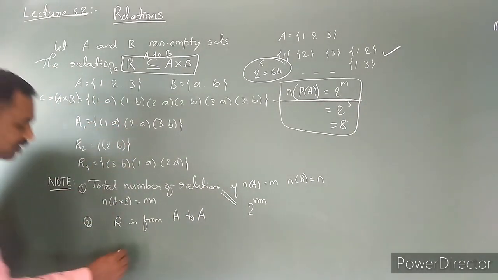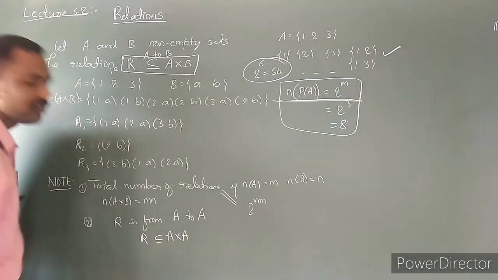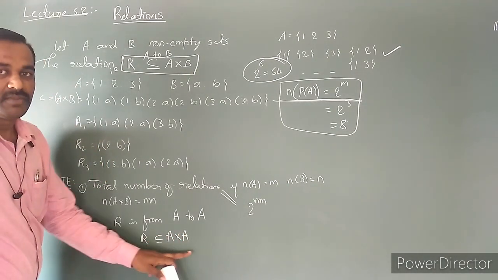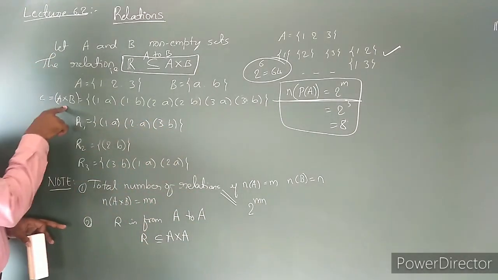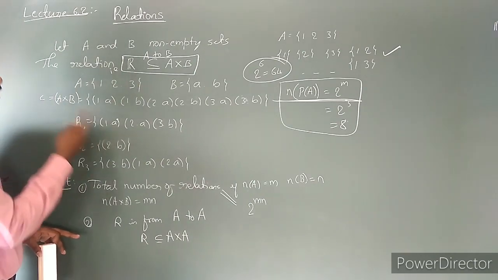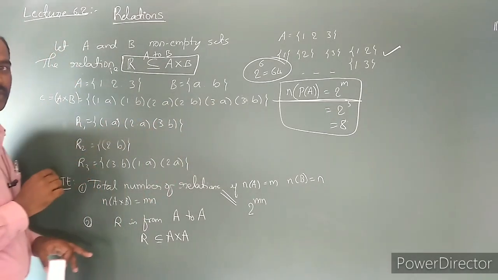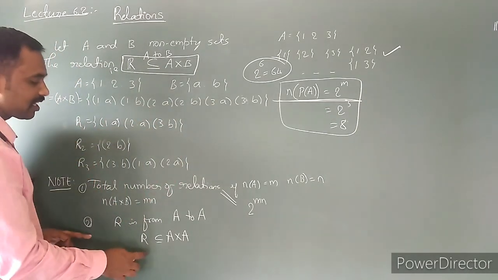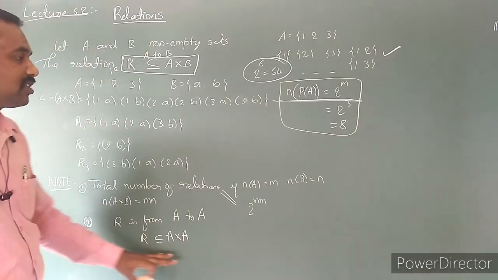In that case, relation R is a subset of the Cartesian product A cross A. Even when a single set is given, we can get the Cartesian product A cross A. Previously, you learned that we can find the Cartesian product. Therefore, relations can also be found. If you get the Cartesian product, the collection of all ordered pairs, then you can easily get the relation. A relation is a subset of the Cartesian product.